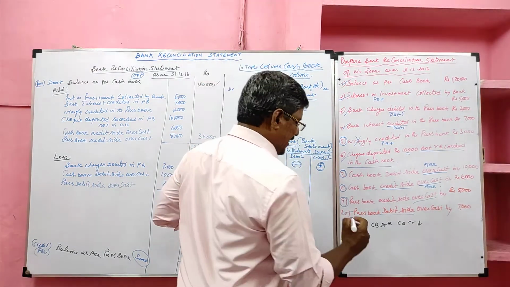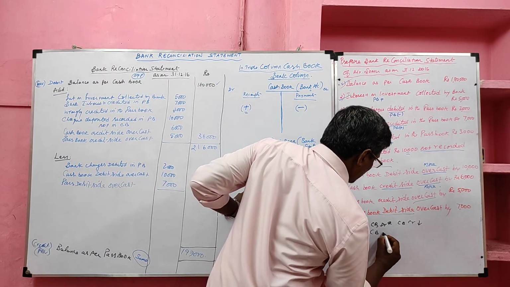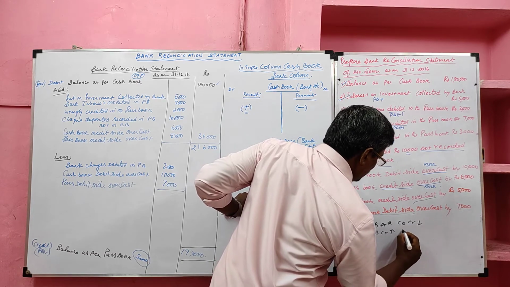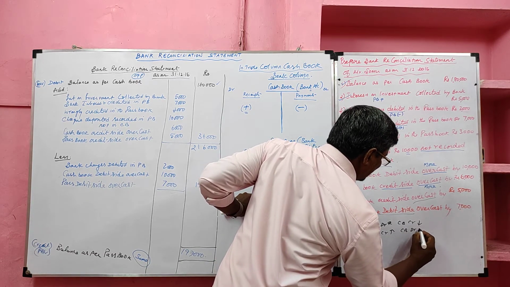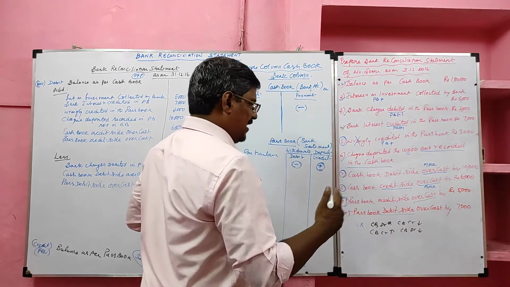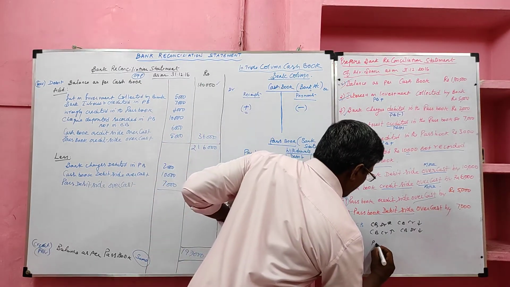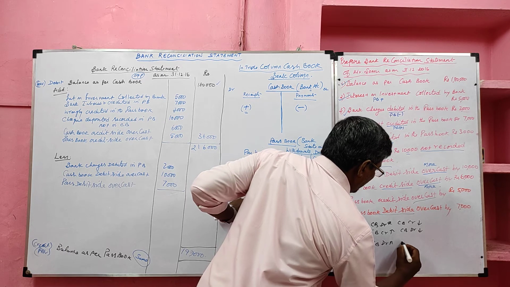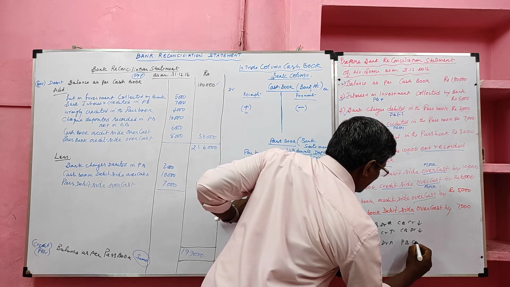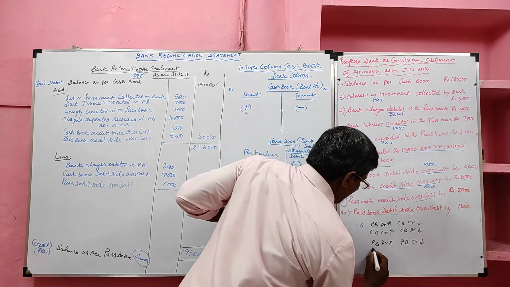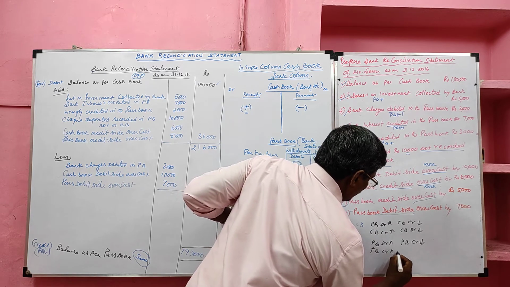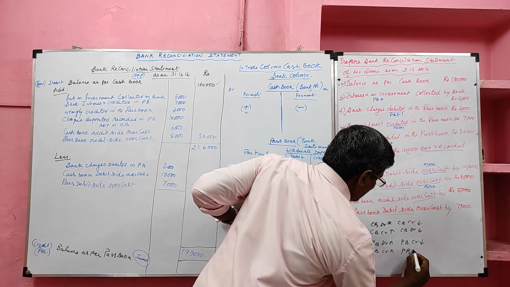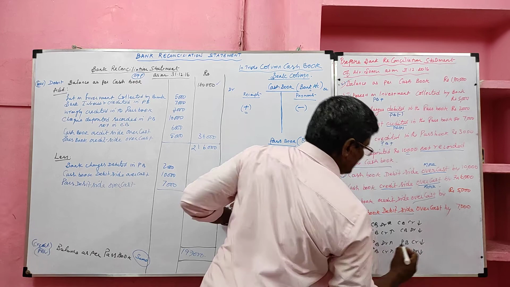Both are same only. Likewise, cash book credit side more, cash book debit side less, both are same. Likewise, passbook debit side more means passbook credit side less. Passbook credit side more means passbook debit side less.